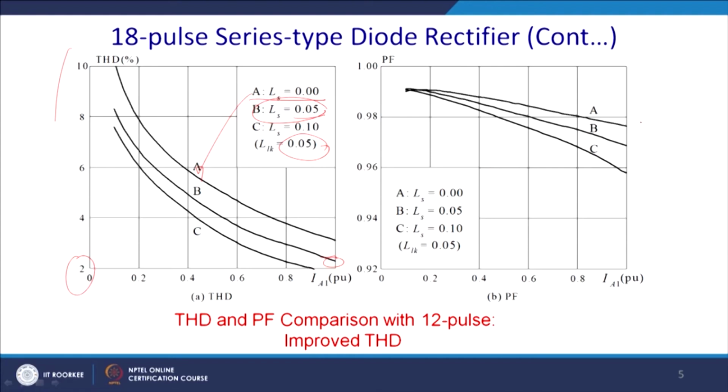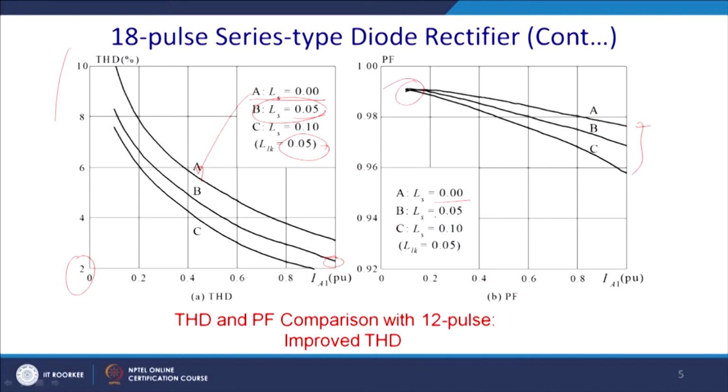In the same way, this is a curve with the power factor for Ls equal to 0, that means there is no source inductance, which is physically impossible. Then you get a good power factor, quite good, but THD is high.